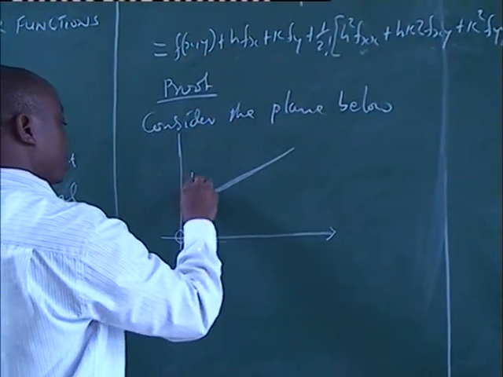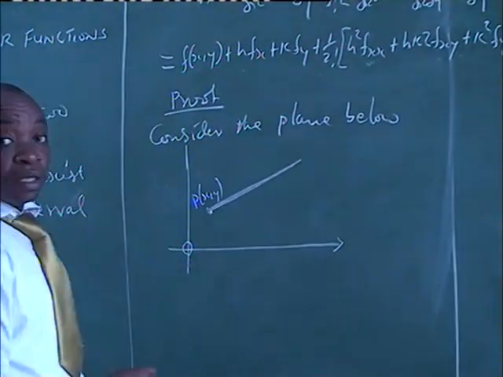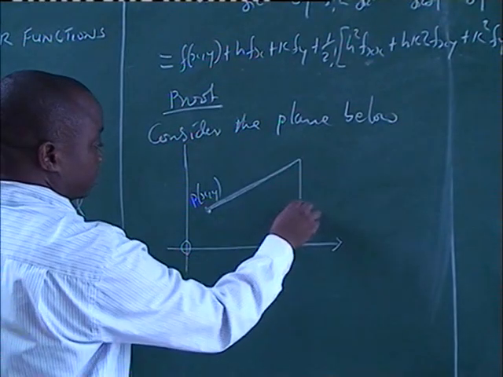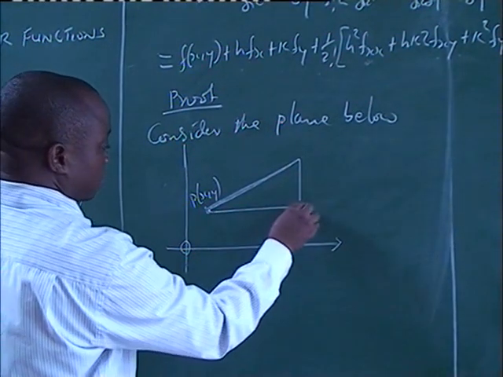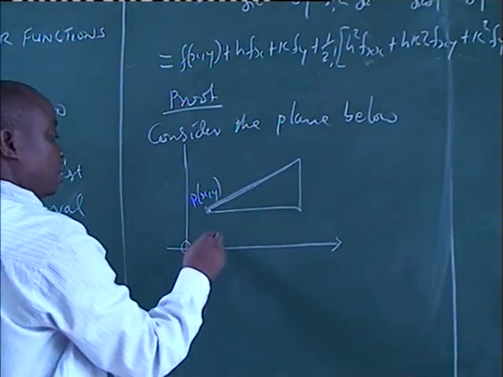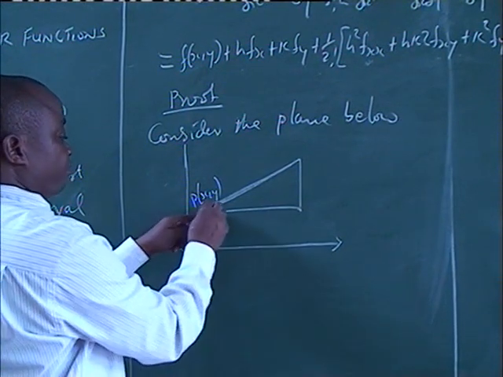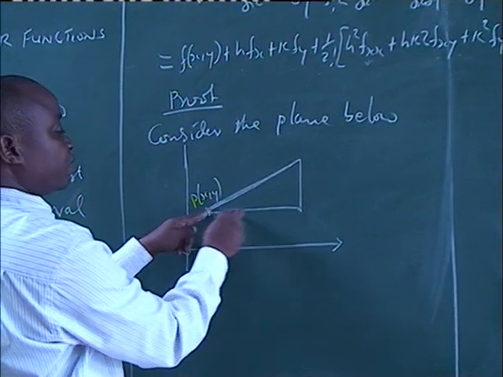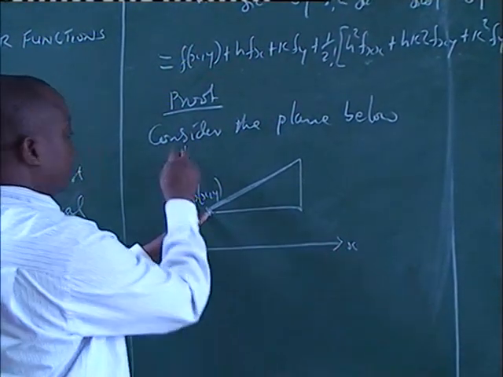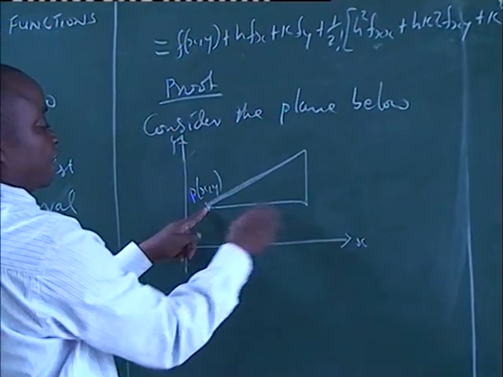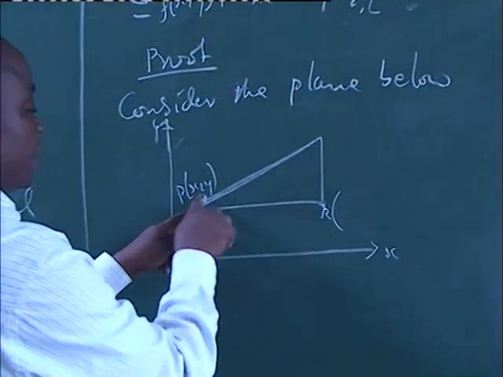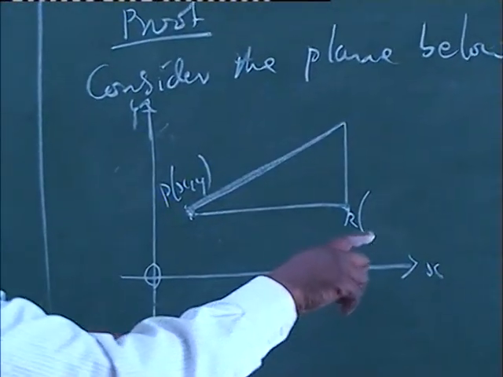This point is P(x, y). Here, this is the x-axis and this is the y-axis, then at this point R there is an increase in x.